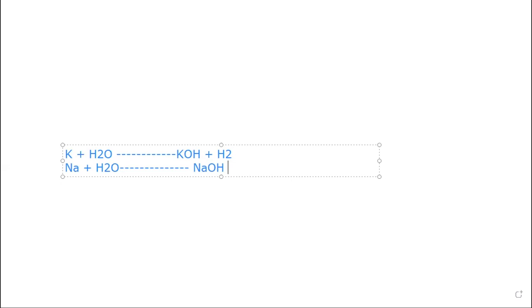This means the valency of lithium, sodium, potassium, and cesium. Because all of these elements are located in group 1, the valency of these elements is monovalent, or equal to 1.